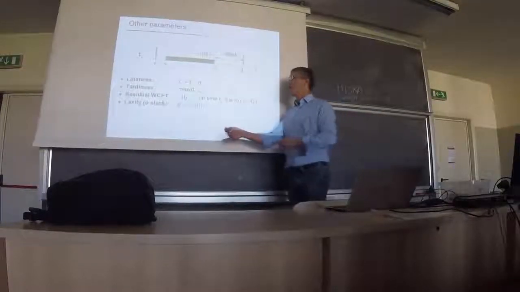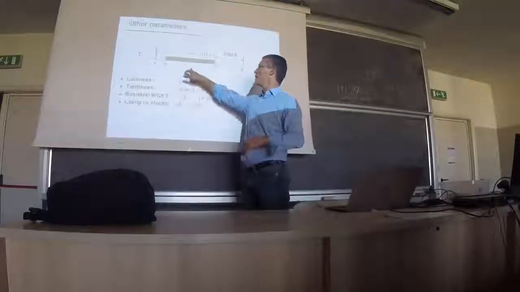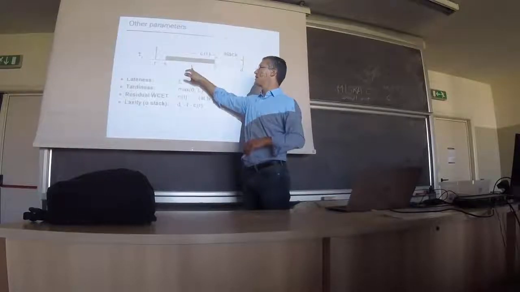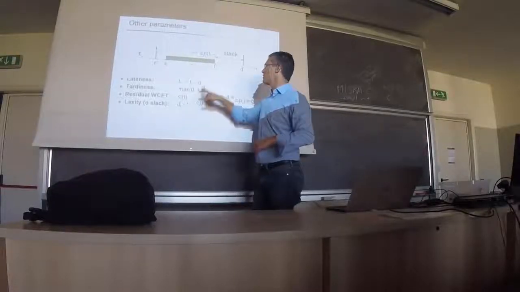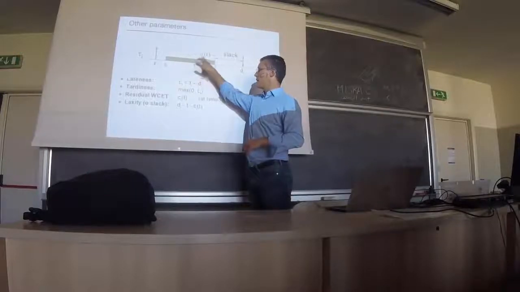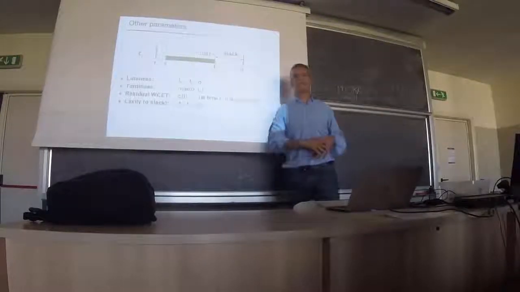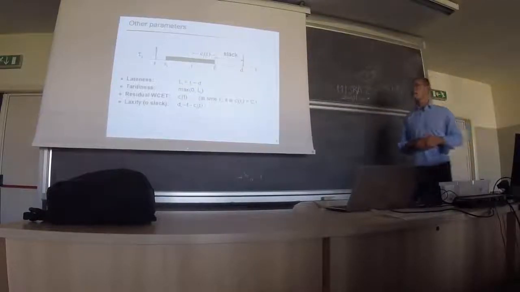We can compute the laxity, or the slack, at time t as well. What is the laxity that the task has here? We define the laxity as the deadline minus the time t, minus whatever remains to execute for that task.